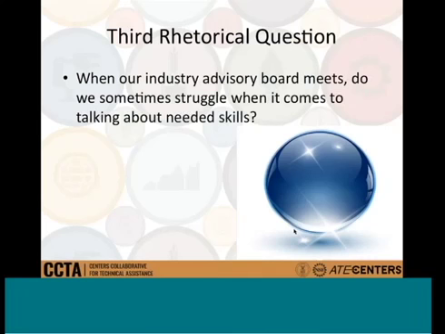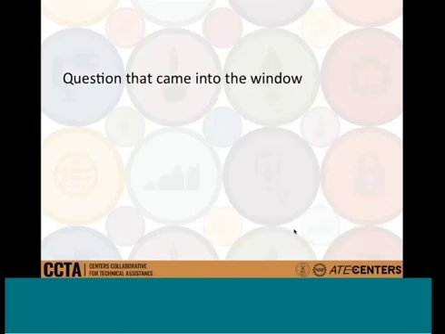We'll talk a little bit about our business and industry leadership teams later on, where we're trying to increase that conversation and, in fact, have industry lead that conversation. But it is a problem, right? All of us, many of us, have been involved in these boards, these advisory councils, whatever you want to call them. So how do you talk with those people? What's the conversation? So those are the 3 rhetorical questions that I'm making you think about.